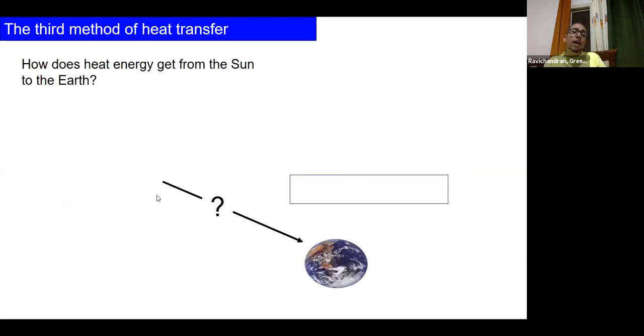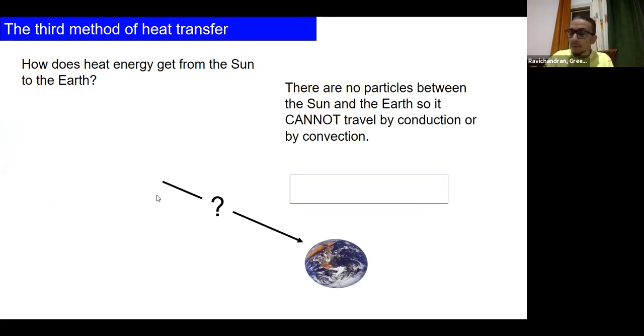The third type now is what? Radiation. This is the third type. In radiation, no particles between the two objects are required, because no particles transfer in the radiation type, same like the sun and the earth.